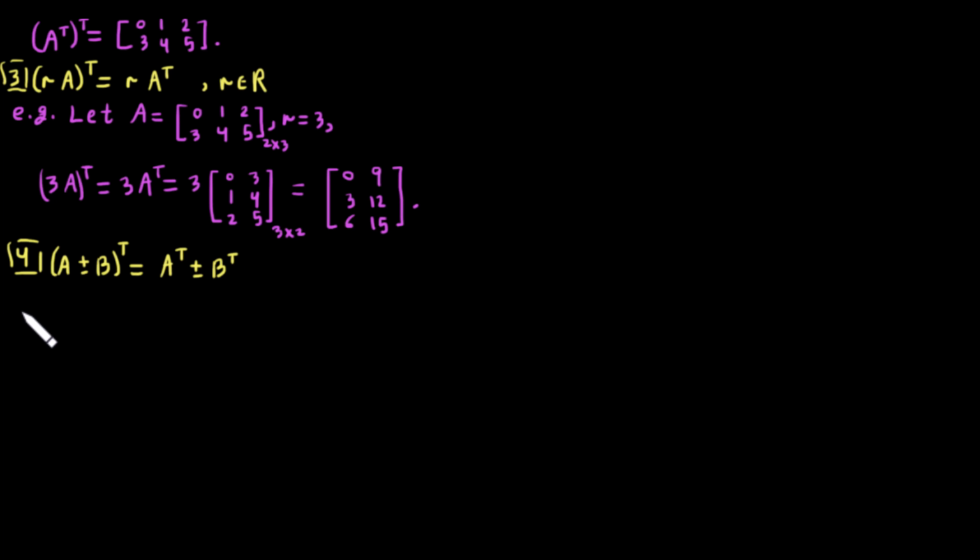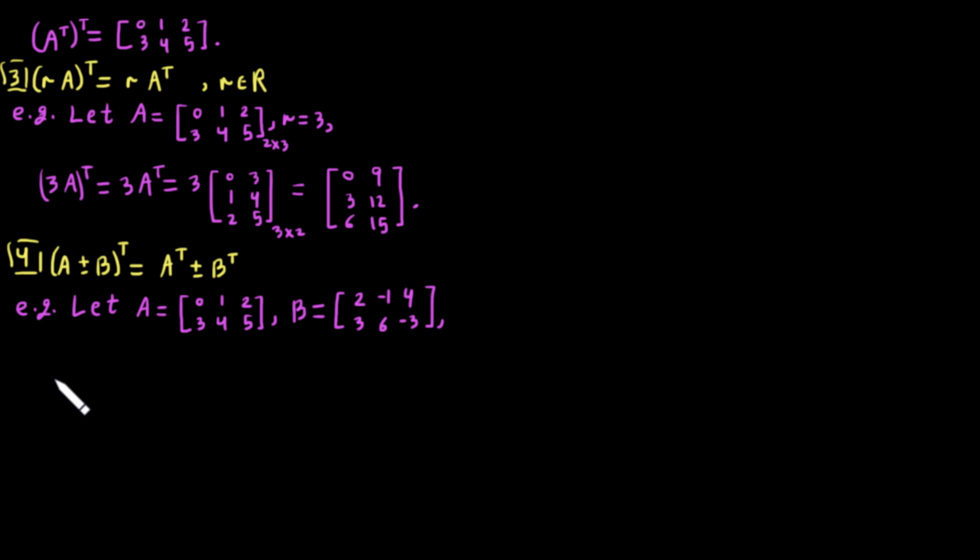Let's give you an example. For example, let the same A here, I will speed it up. And let's say B equal 2, -1, 4, 3, 6, -3.